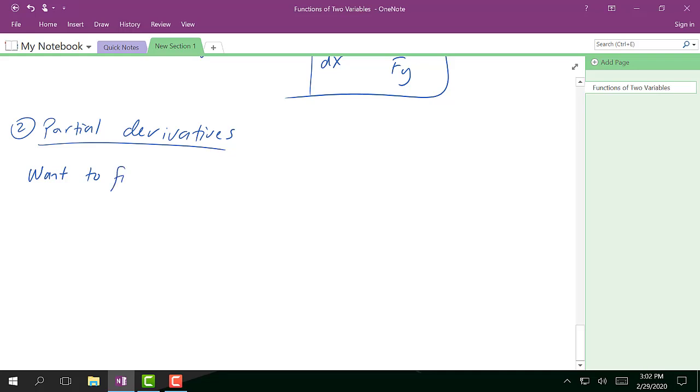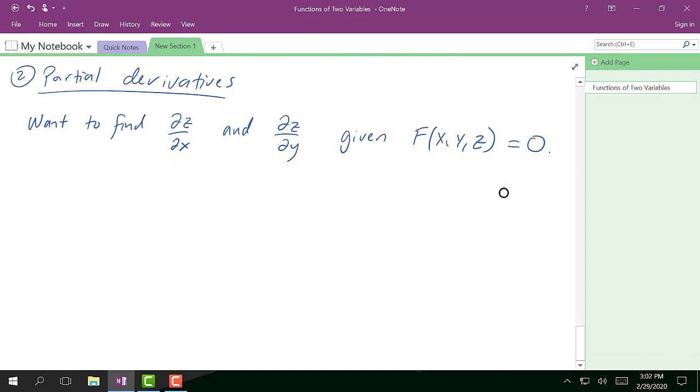So we're setting out to find the partial derivative of z with respect to x and y, which of course are going to be our inputs, given that we have some function capital F of x, y, and z equals 0. And here we work with this equation in the same way we did last time. Now let's say we wanted to find this one first, the partial derivative with respect to x.